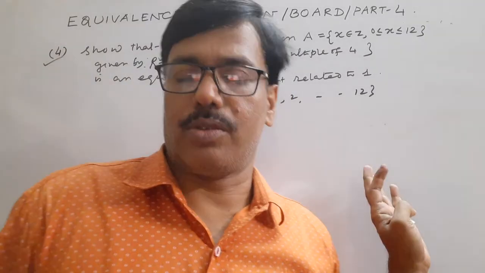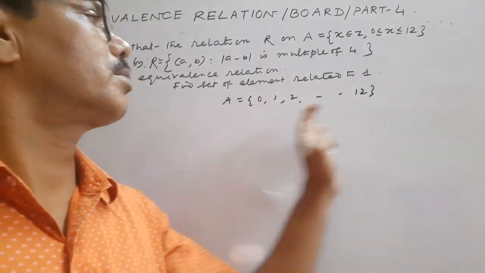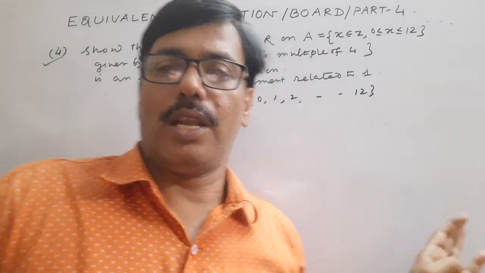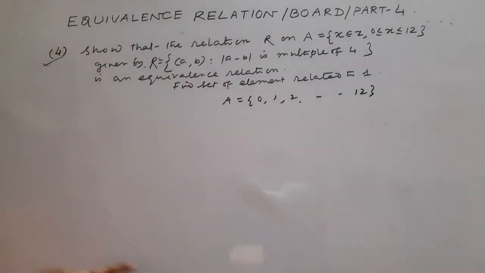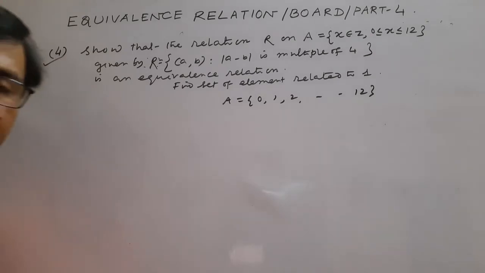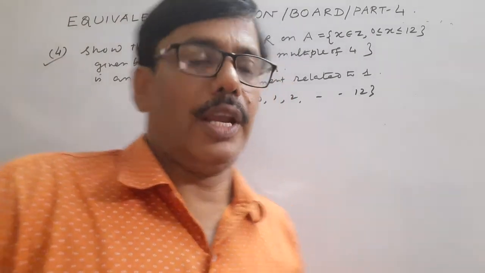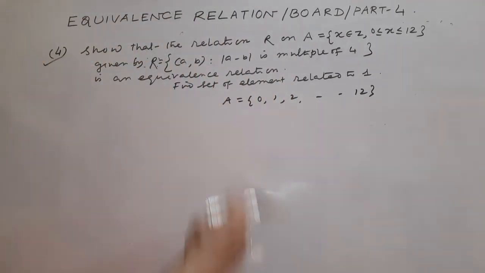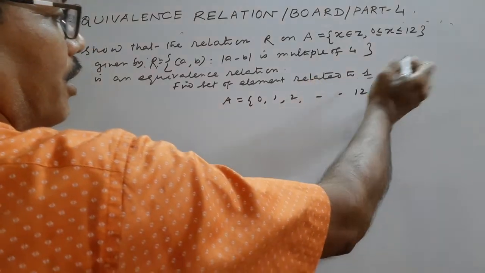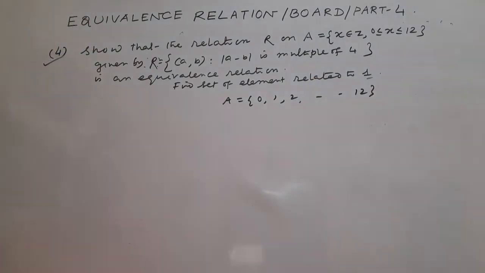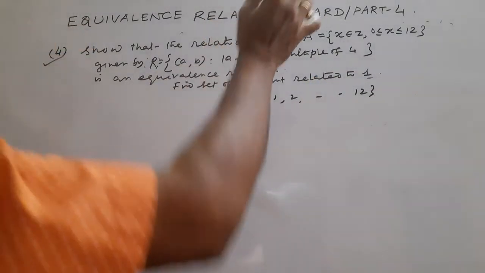Up to this we have already done. A minus B is even, A minus B multiple of 4, multiple of n. So find the set of elements related to 1. The first part is very simple.